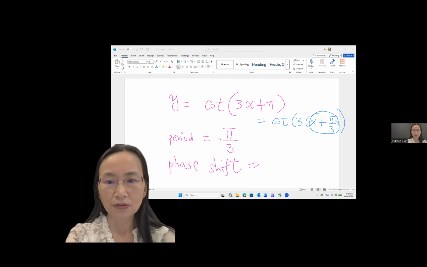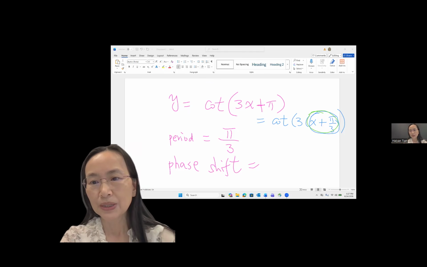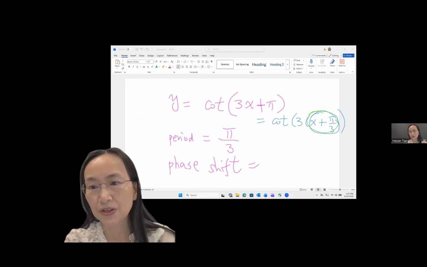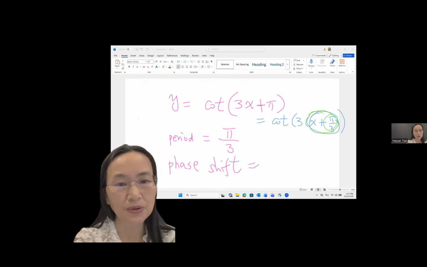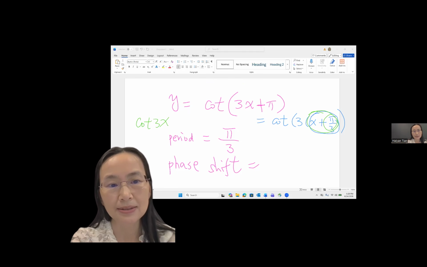Which curve? So let's think, when the phase shift is 0, that will be cotangent 3x. Cotangent 3x.